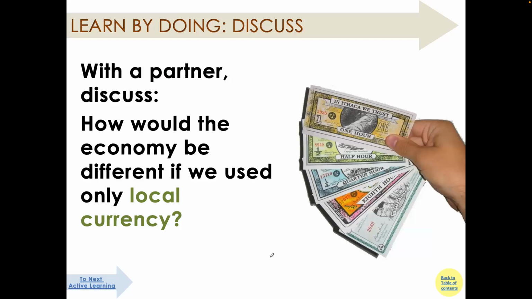Let's spend one minute thinking about how the economy would be different if we used only local currency. Here, local currency means people who live in West Omaha use something different from people who live in Papillion.